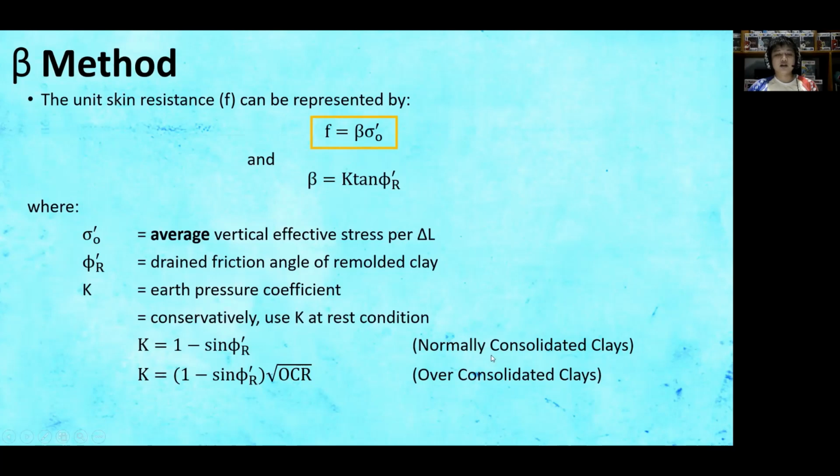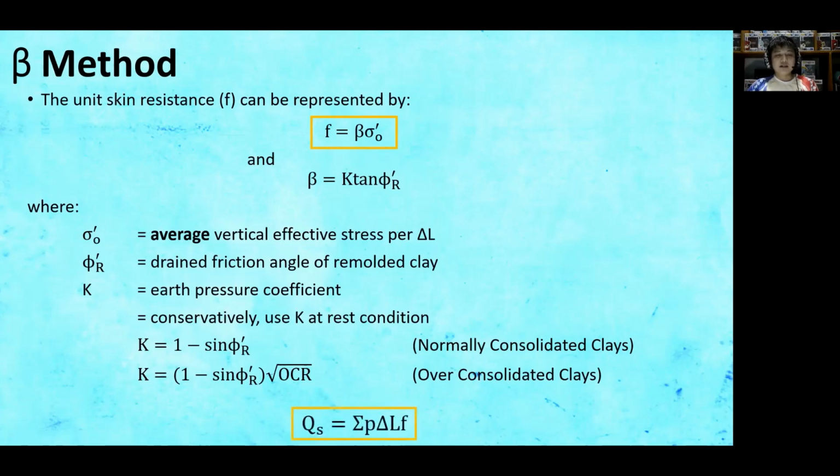Again, for at rest condition, we have two different conditions of the soil. First is the normally consolidated clay, where K is equal to 1 minus sine of phi prime sub R, and the overconsolidated clay, where K is equal to 1 minus sine of phi prime sub R multiplied by the square root of OCR.